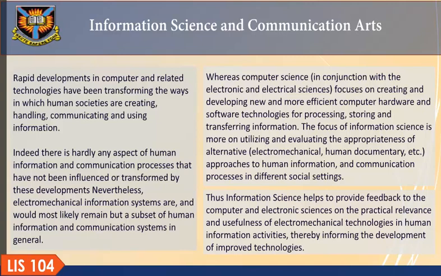Thus, information science helps to provide feedback to the computer and electronic sciences on the practical relevance and usefulness of electromechanical technologies in human information activities, thereby informing the development of improved technologies.